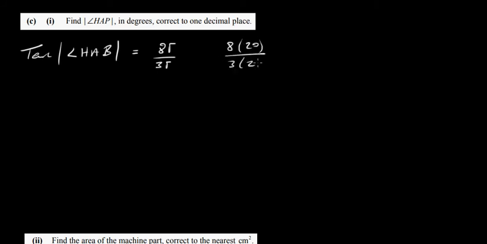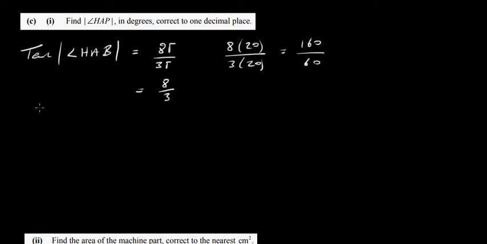The tan of the angle HAB is equal to 8r over 3r, the opposite over the adjacent. Really that's 8 times 20 over 3 times 20, or 160 over 60. But the r's will cancel, so it's really 8 over 3. So the tan of my angle is 8 over 3.